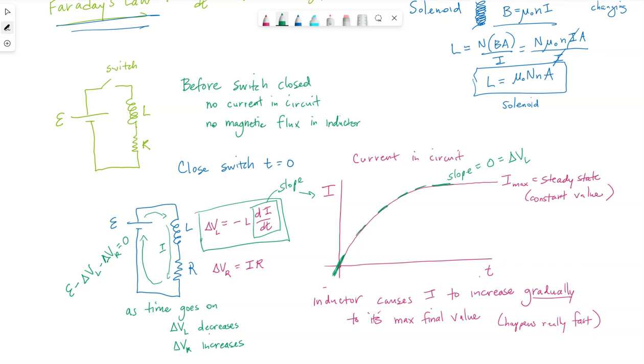So if we come back over to our graph, this maximum current occurs when the battery voltage is entirely across the resistor. And so this maximum current depends upon the battery voltage divided by the resistance. We end up with an equation that describes the current flowing in this circuit as a function of time.